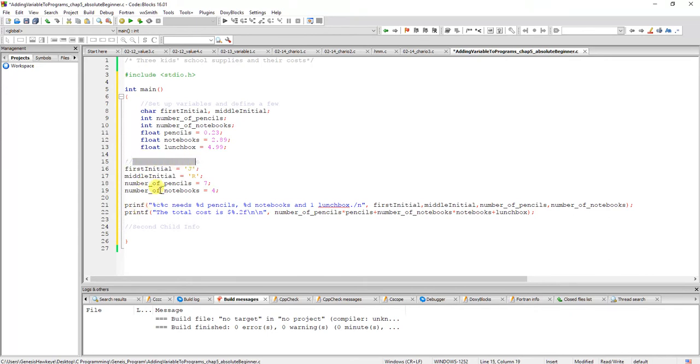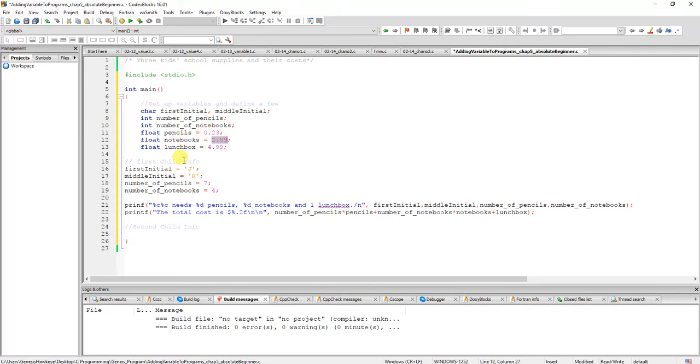And if you think of the simple math involved in this, what I need to do is add up the number of pencils times the value of the pencils, right? So 7 times 0.23, plus the number of notebooks, which is 4, so 4 times $2.89.